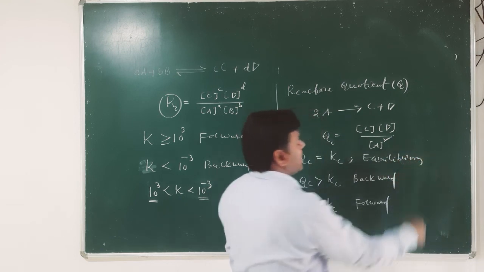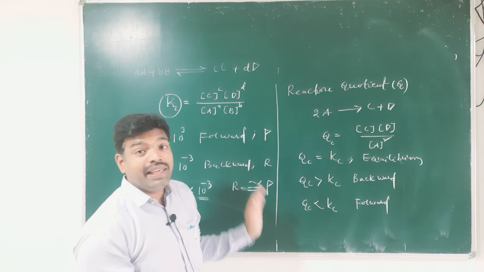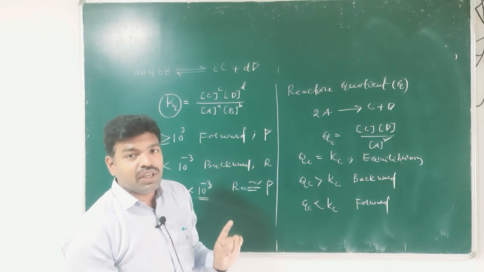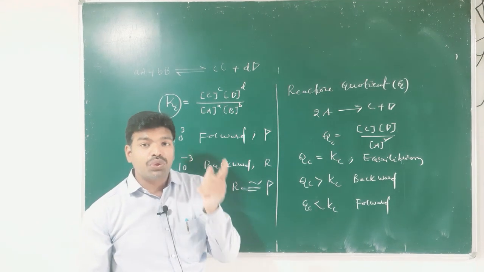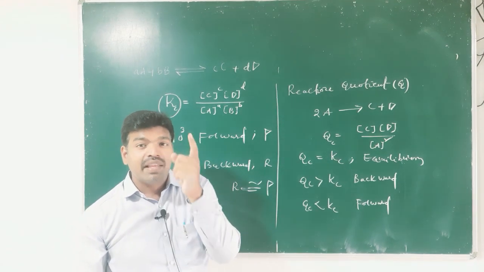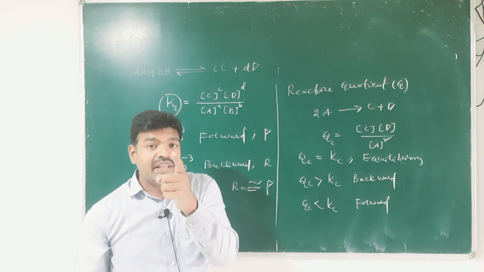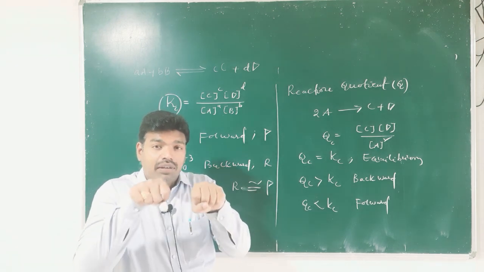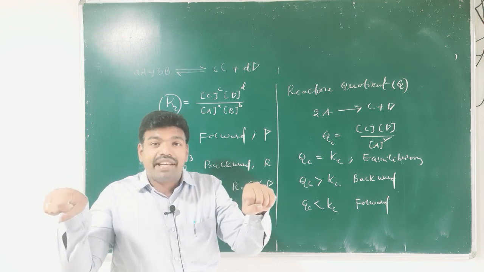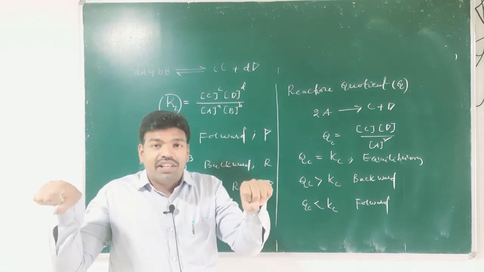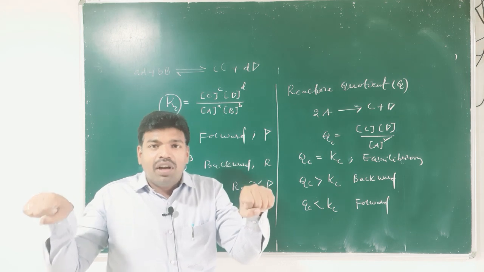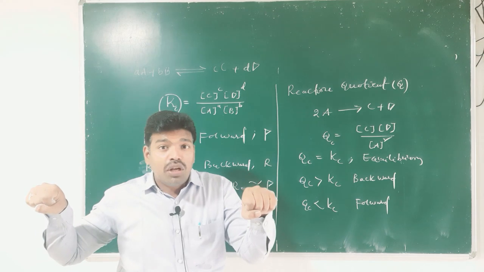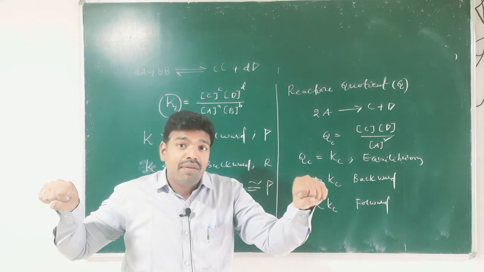So this is all about equilibrium and equilibrium constant. One thing that you should keep in mind is that in a reversible reaction there is a tug of war between reactants and products. In the tug of war game, one group pulls with equal force and the other group pulls with the same force.